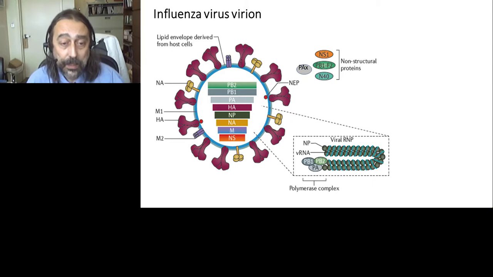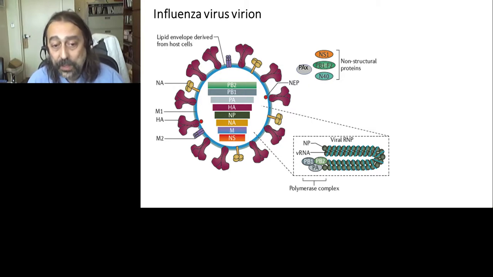And it's different from SARS-CoV-2 because the proteins are obviously antigenically different, the receptor is different, and the genetic material is RNA, but in the case of influenza, it is a segmented virus with 8 negative strand RNA segments, while SARS-CoV-2 is a coronavirus, and it's a positive strand RNA virus with a single RNA segment.